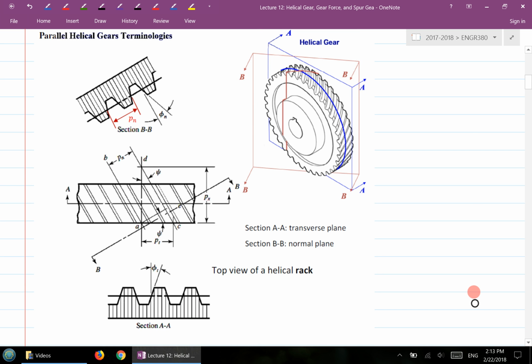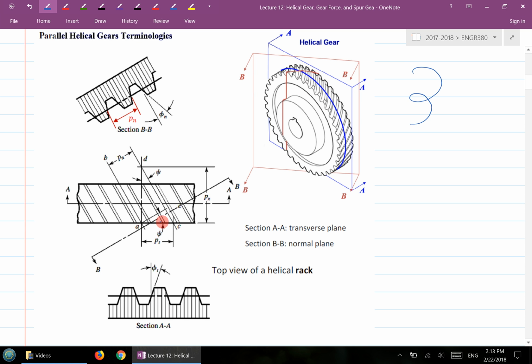The difference is the teeth are not straight. The teeth are in the form of part of a helix. If you extend and curve the teeth to keep going, you'll see this is part of a helix curve, a parametric equation helix curve.